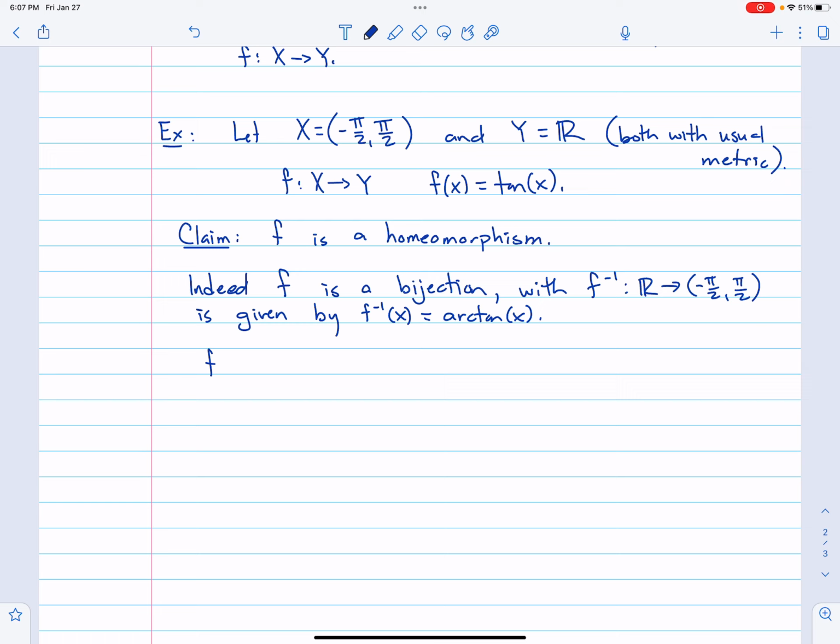But once you prove that f is indeed a bijection, you write down the inverse. You notice that f of x equals tan x is continuous, and the inverse function arctan x is also continuous.